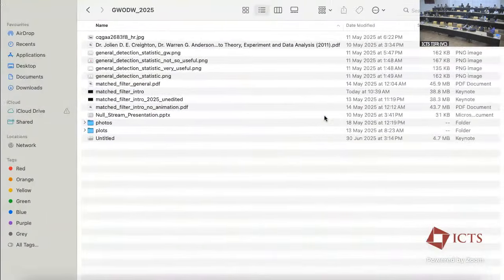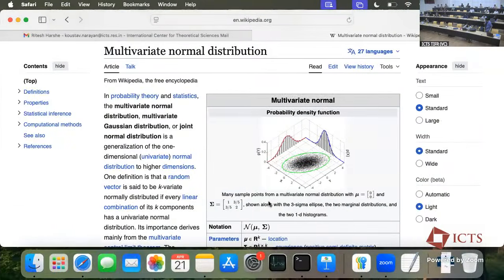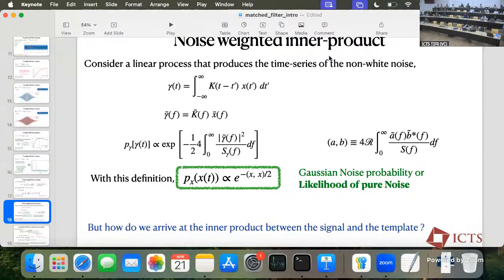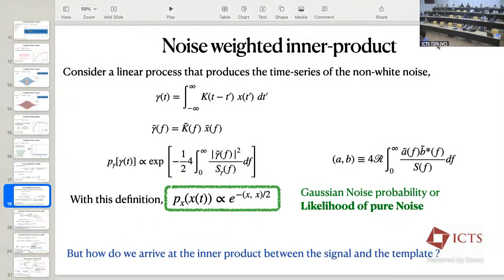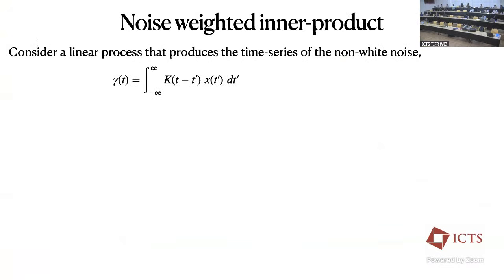This is also one of the reasons why gravitational wave data analysis is done in the frequency domain. One of the advantages of doing so: if you were doing this analysis in the time domain, then you would need to construct this correlation matrix. So suppose you are analyzing a 1 second chunk of data and you have sampled your series at 4096 Hertz.